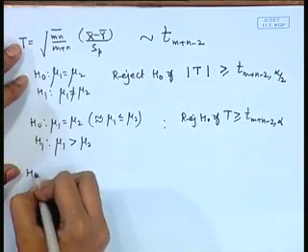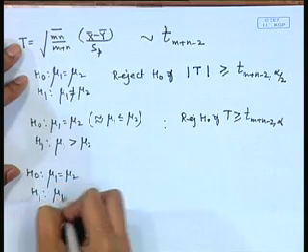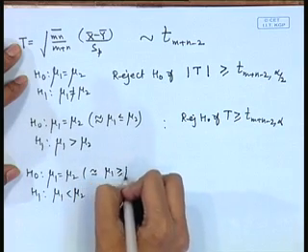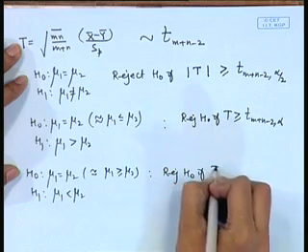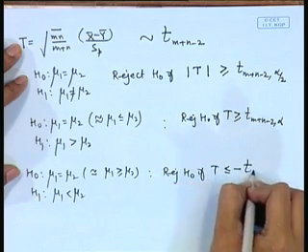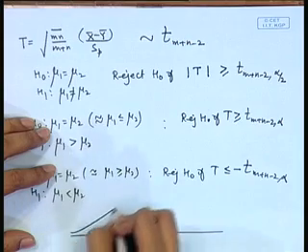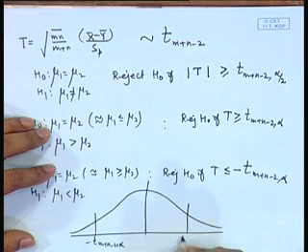On the other hand, if we have mu 1 is equal to mu 2 against mu 1 is less than mu 2, of course, this null hypothesis is again equivalent to mu 1 greater than or equal to mu 2, then we can use reject H naught if T is less than or equal to minus T m plus n minus 2, alpha, because the density of T is symmetric about 0. So, this is minus T m plus n minus 2 alpha point, and this will be plus T m plus n minus 2 alpha point.